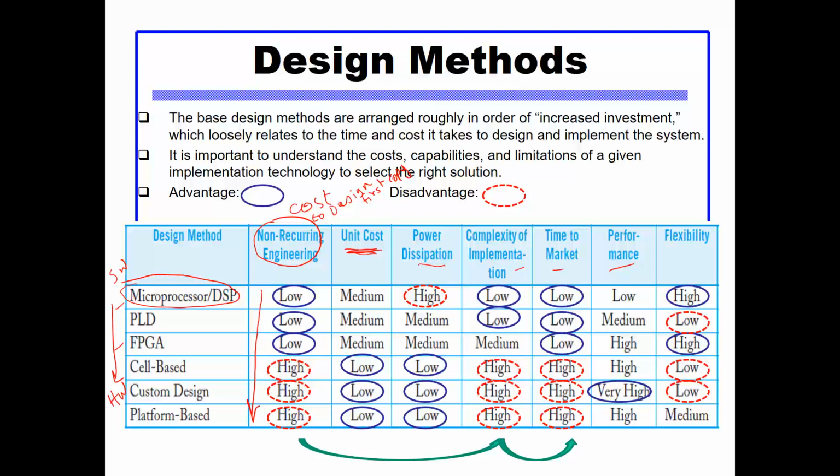But the unit cost increases whenever you go to software solutions, because hardware solutions, if you do them very carefully, tend to be optimized in terms of cost. Power is more towards the software solutions, excuse me, and hardware complexity is more towards the hardware solutions.